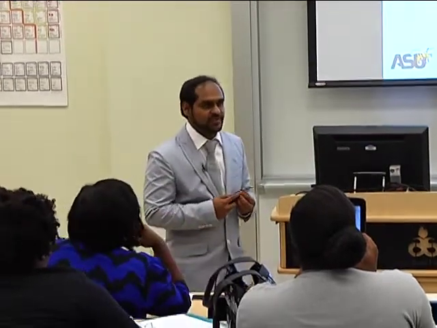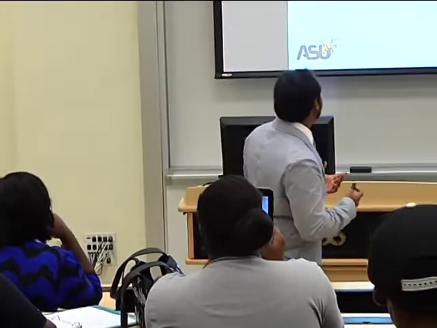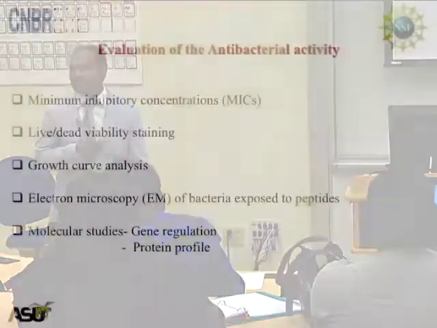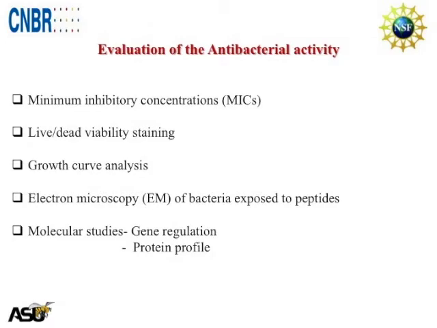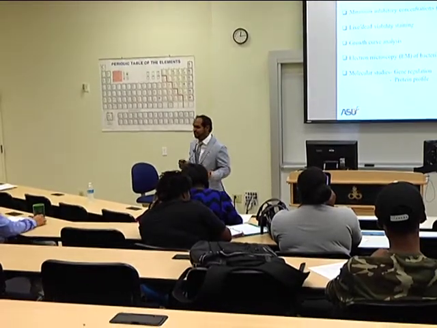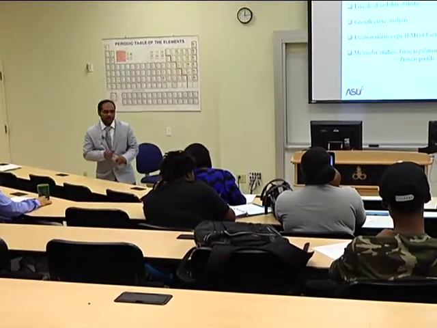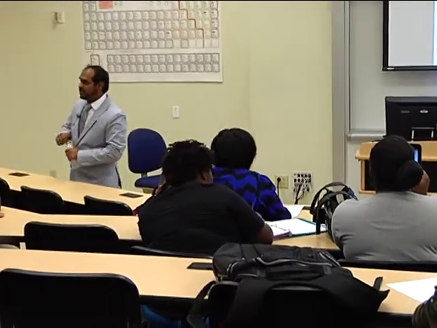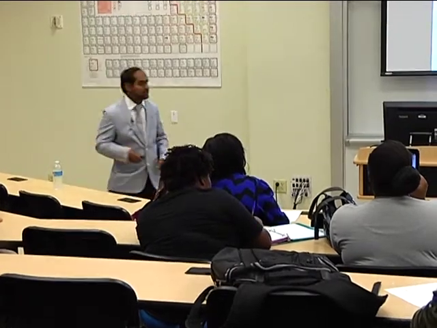In order to evaluate the antibacterial activity of the silver-coated carbon nanotubes, this is what we do in the lab. We first investigate their minimum inhibitory concentrations, the concentration that is needed to kill 50% of the population. Then we do live-dead viability staining and growth curve analysis by exposing the bacteria to various concentrations of silver CNT and evaluating the survival in a time-dependent manner, like 0, 4, 8, 16 hours.